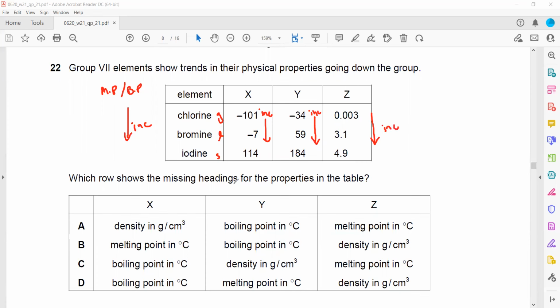Density also increases, but the variation of density is more as compared to the change in the melting or the boiling point.